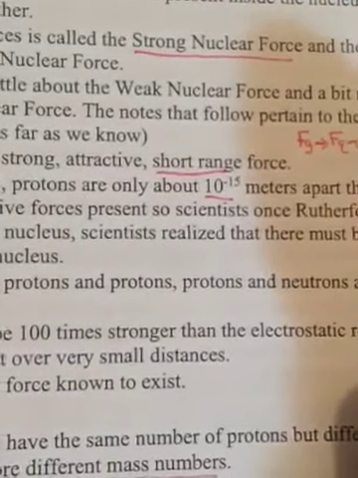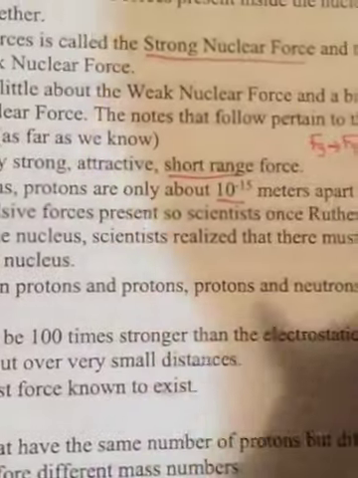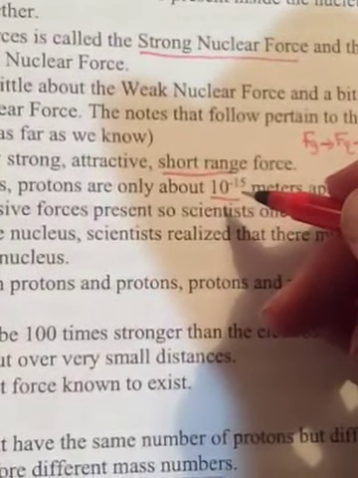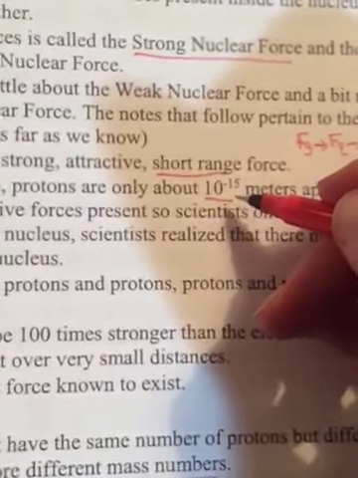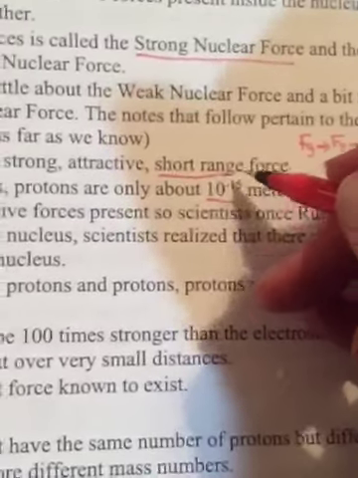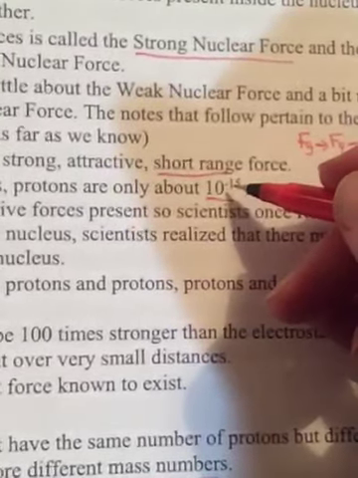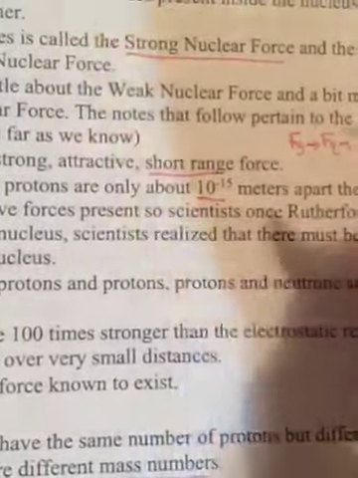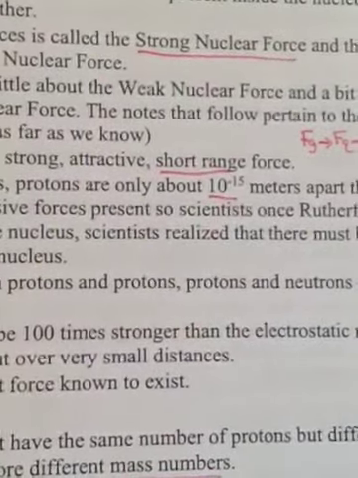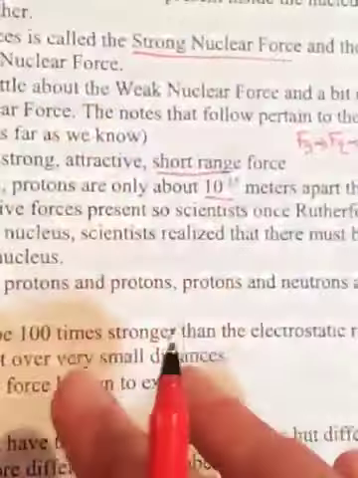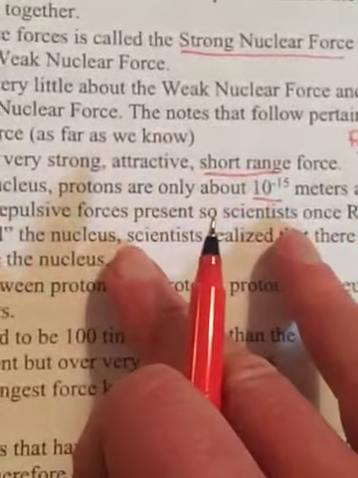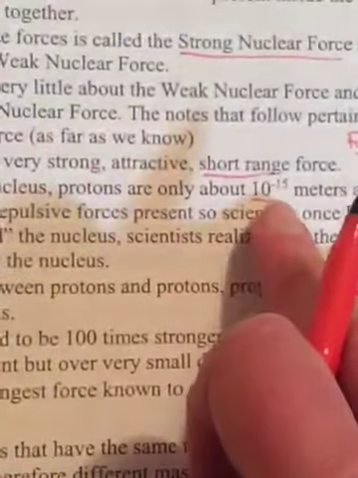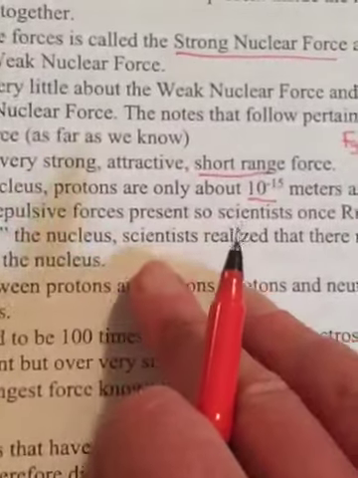It becomes really tiny. So when they're this close apart, it's actually stronger than the electrostatic force of repulsion. But as soon as it gets bigger than that, then the electrostatic force of repulsion will be bigger than the attractive force, and so it only works inside the nucleus.